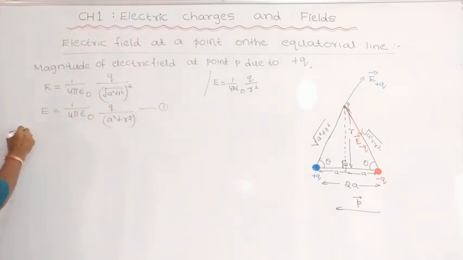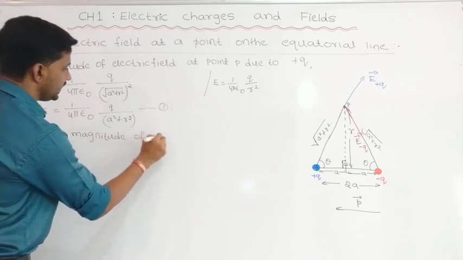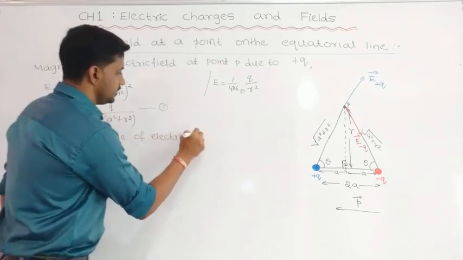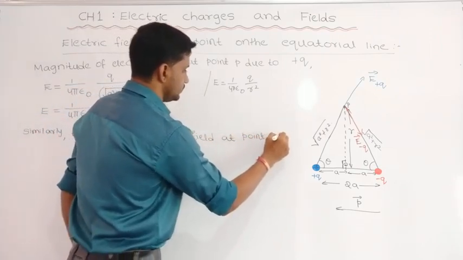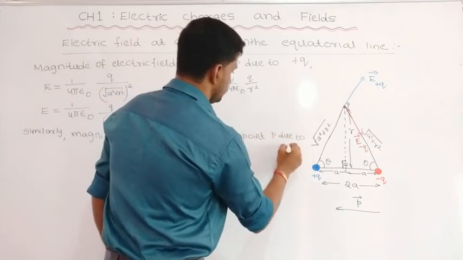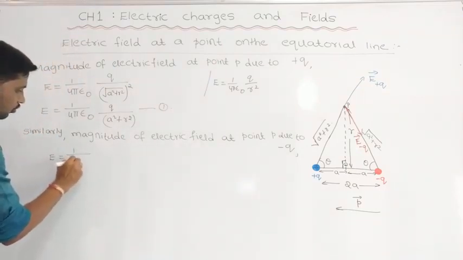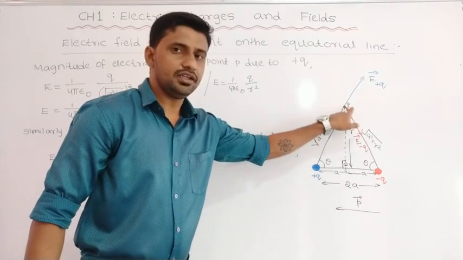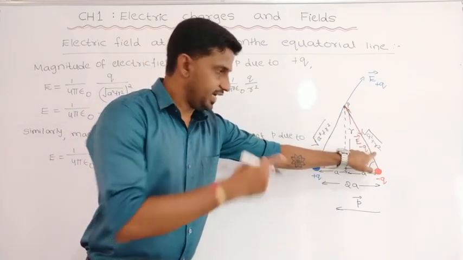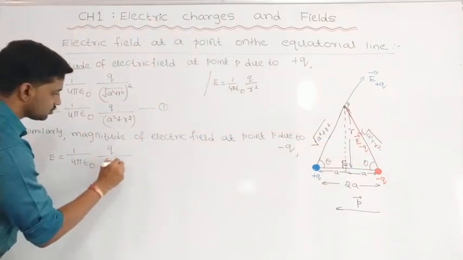Similarly, the magnitude of electric field at point P due to the minus Q charge can be written as E is equal to 1 by 4 pi epsilon naught Q divided by the distance from minus Q to P, that is the square root of A square plus R square, again squared. Again the square root and square cancel, and after cancellation I again get A square plus R square.